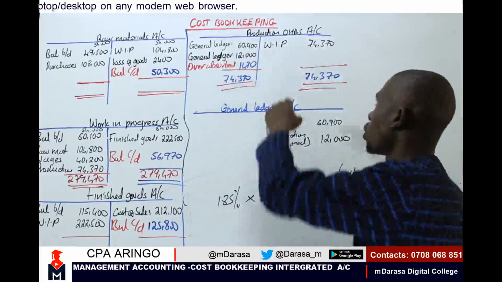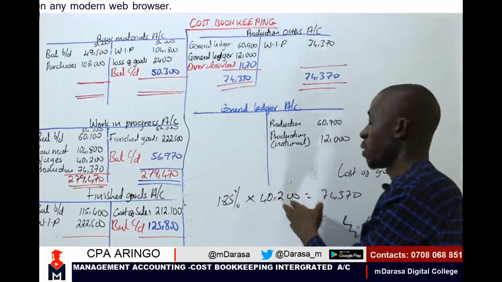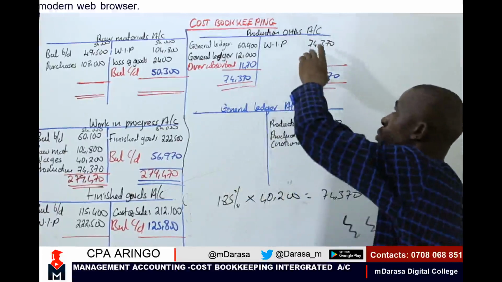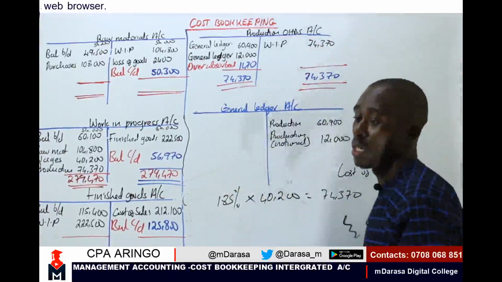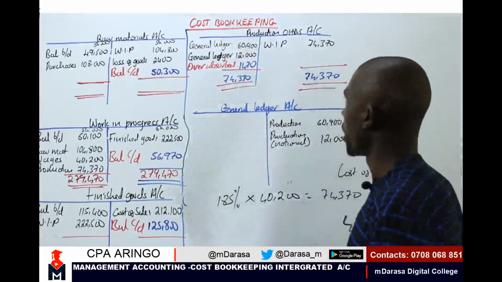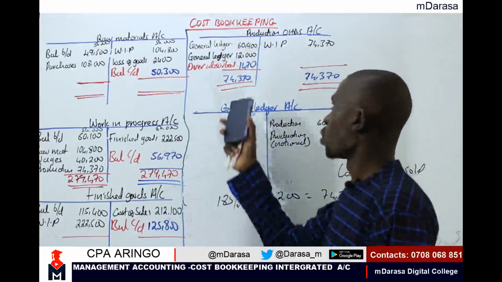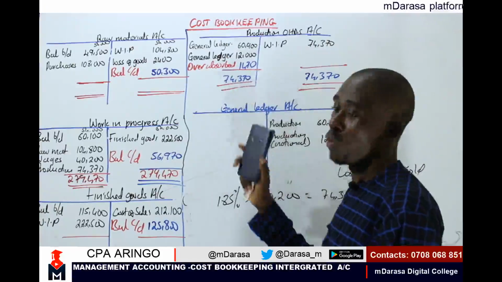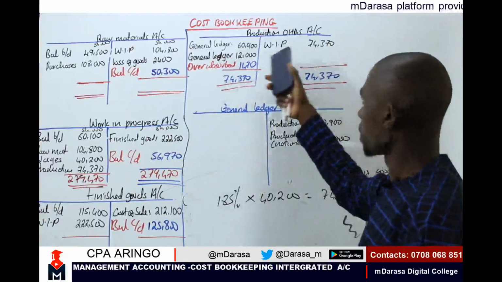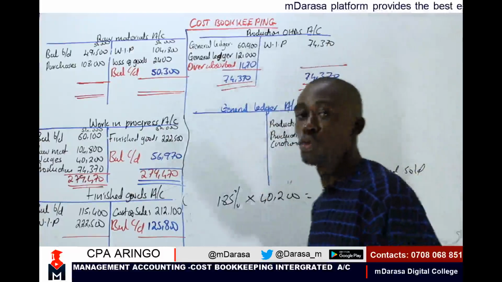But in this case, we've noted that what we absorbed, the 185% which were given of the direct wages, we got it to be 74,370. And the actual charged to production, we had 6,900 plus 12,000. So you noted that I'll be having over absorbed because what we absorbed was more than what we charged.